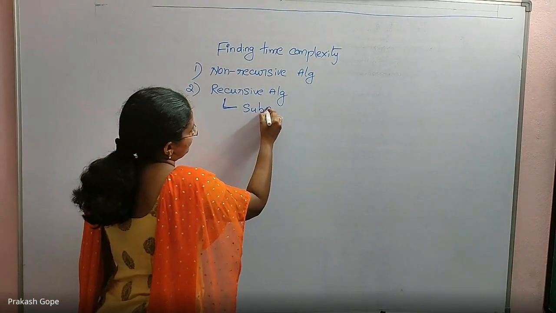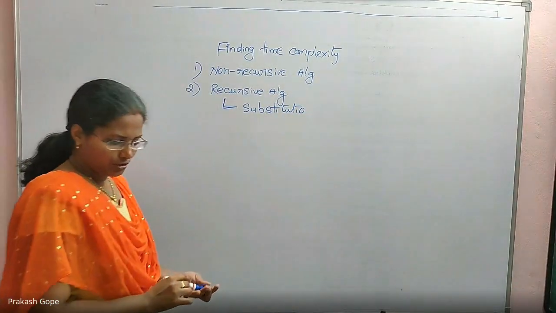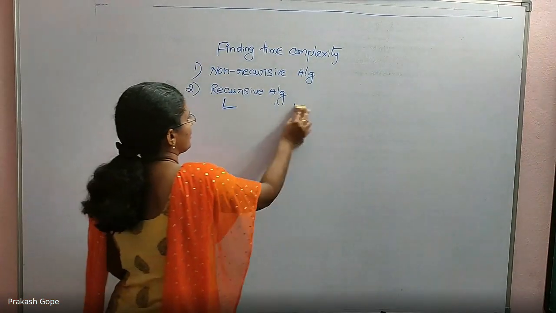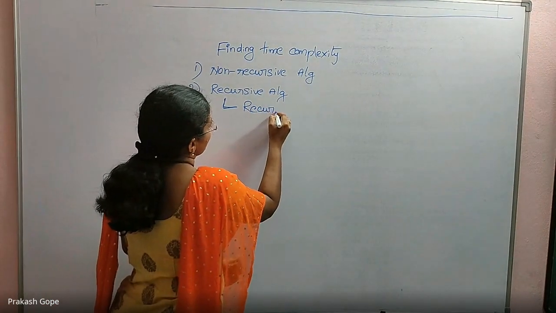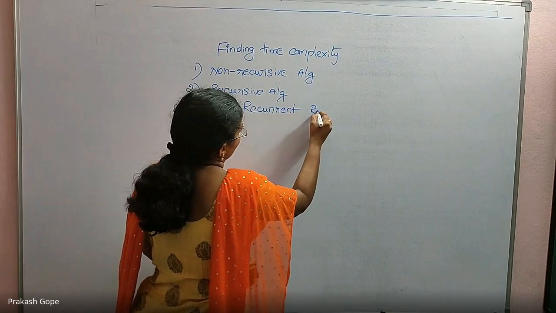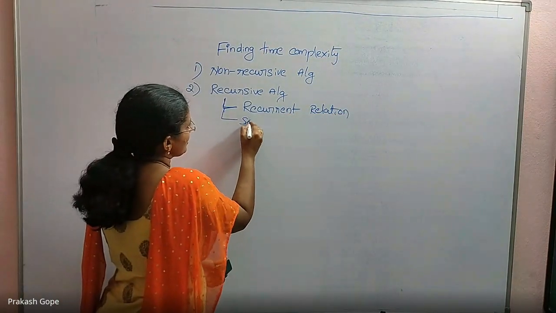Substitution method. The steps involved are, first we will write the recurrence relation, and then we solve this recurrence relation.